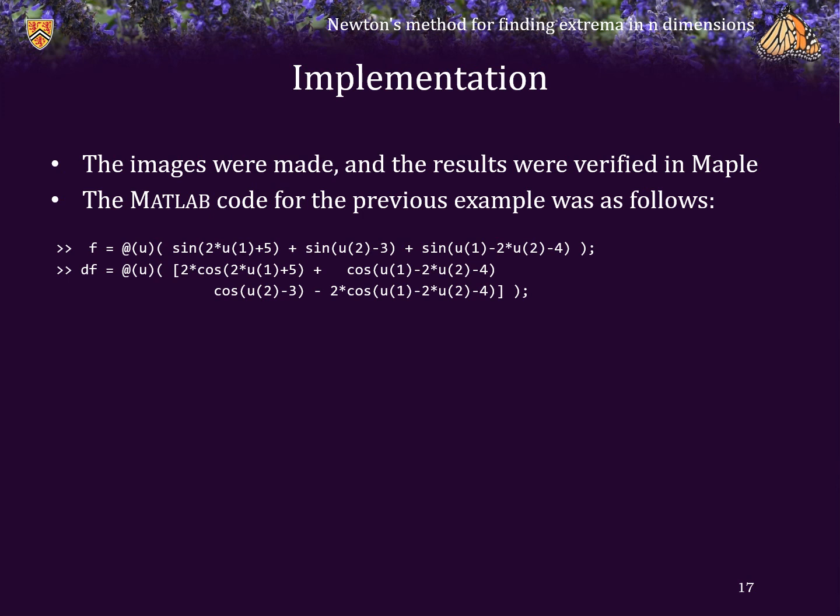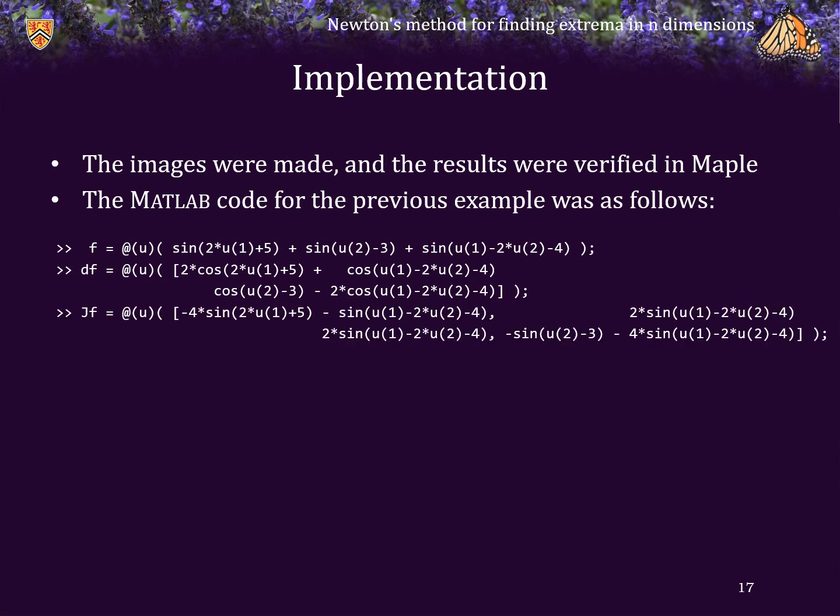I then calculated the partials with respect to u1 and u2, and that gives me the gradient, so I defined a function that returns a vector. And here's the Hessian. And the Hessian is, again, just the partial derivatives, which again I used Maple for.